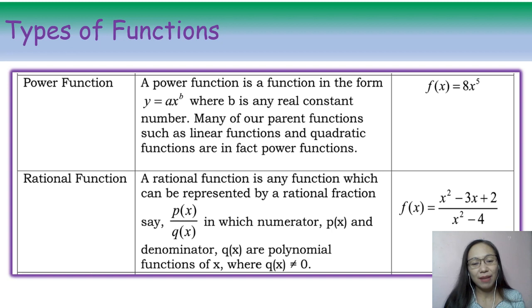Otherwise, the function becomes undefined. So we have there under example, f of x is equal to x squared minus 3x plus 2 all over x squared minus 4. And there should be a limitation that x should not be equal to plus or minus 2.